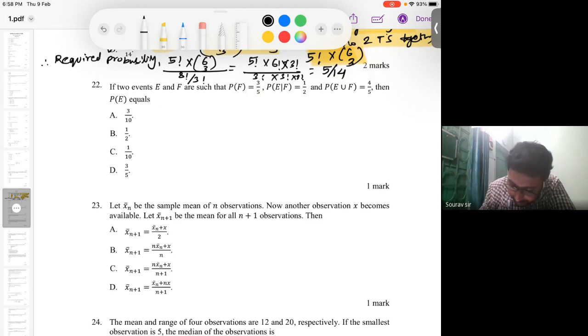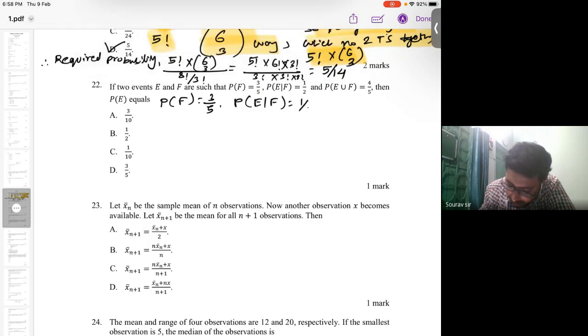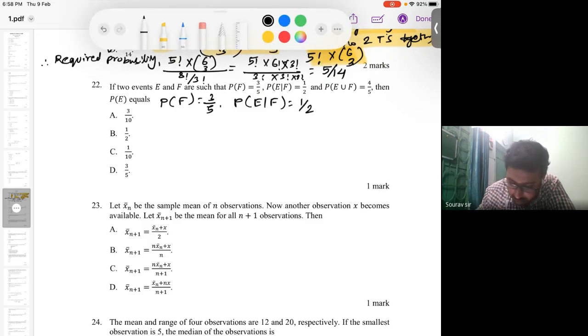To solve this, P(F) is given as 3 by 5 and P(E given F) is equal to 1 by 2, right? Therefore, P(E intersection F) is half into P(F), which is half into 3 by 5, equal to 3 by 10.